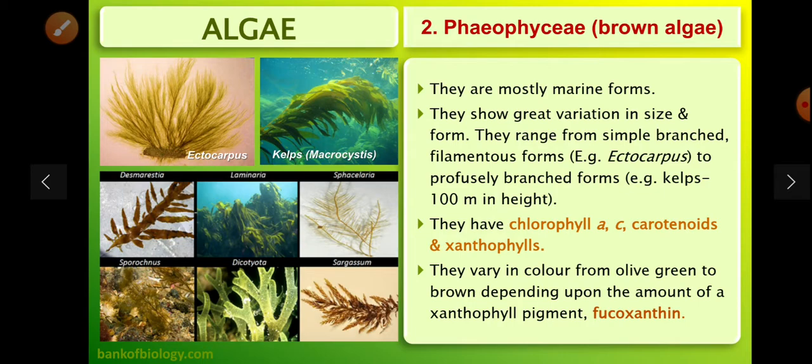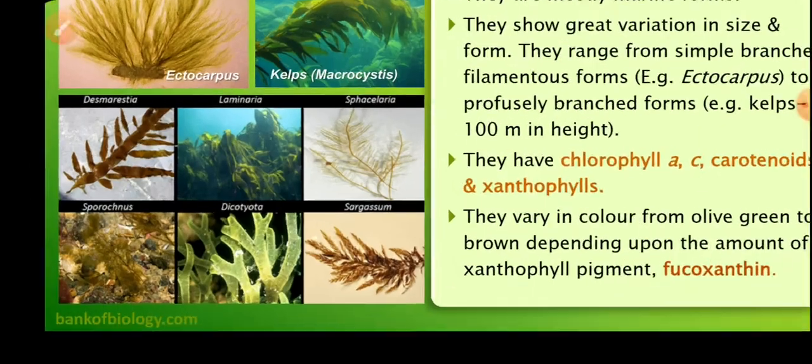They have chlorophyll A and C, carotenoids and xanthophylls. Due to the presence of all these pigments, the color is brown. They vary in color from olive green to brown depending upon the amount of the xanthophyll pigment, fucoxanthin.